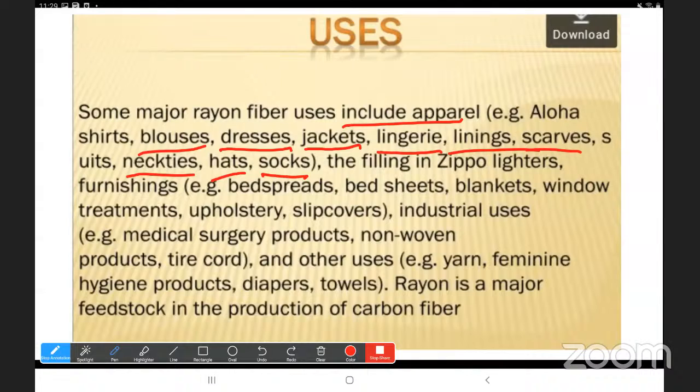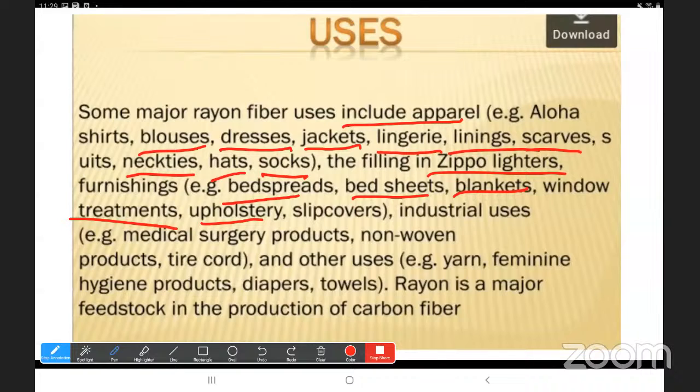So all these are made from rayon fiber. And here the filling in Zippo lighters. Yes, and furnishings, for example bedspreads, bed sheets, blankets, window treatments, upholstery, and slipcovers.